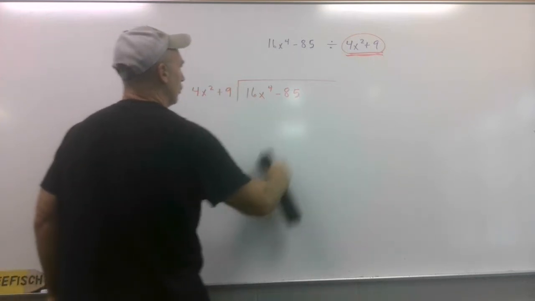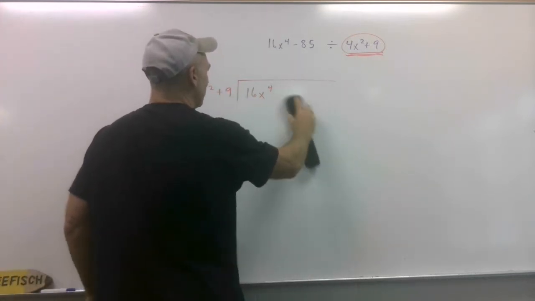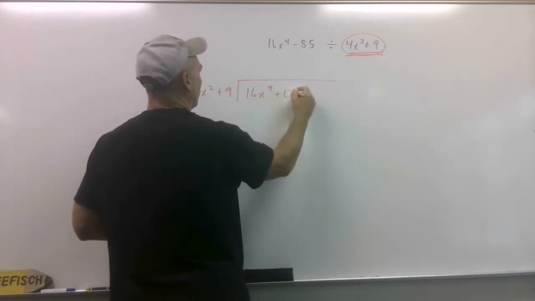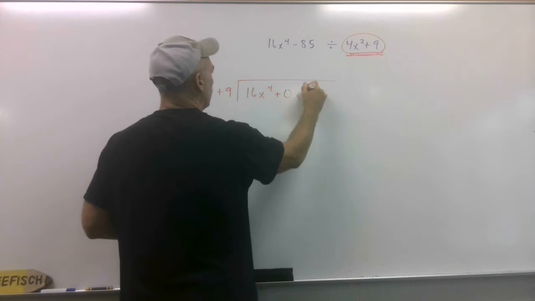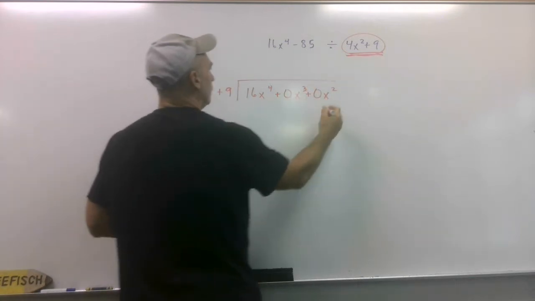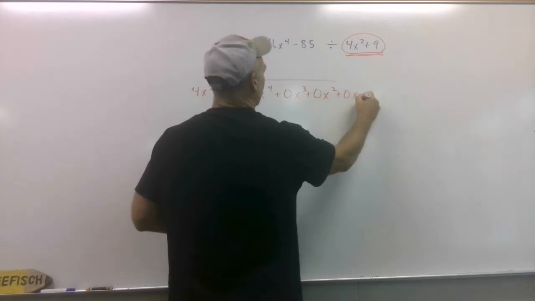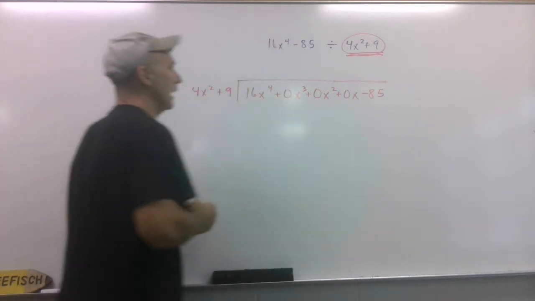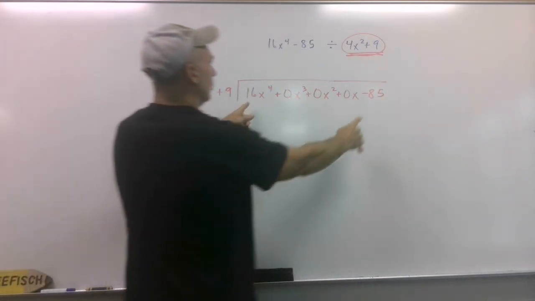So my recommendation is that minus 85, notice it goes x to the 4th, then 0x cubed plus 0x squared plus 0x minus 85. Now, that's actually what's going on.